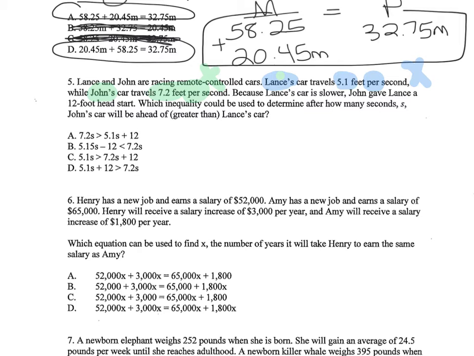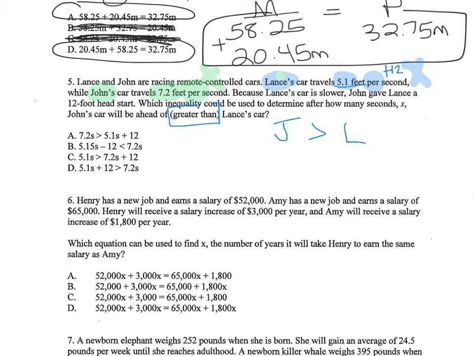So where Lance's is, I'm going to put a plus 12 because he's getting a little bit of a head start, which could be determined after how many seconds John's will be ahead of, or greater than, Lance. Okay, so let's plug in the information we know.